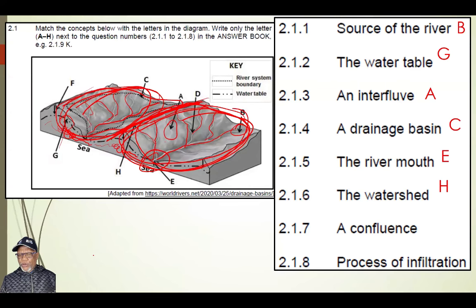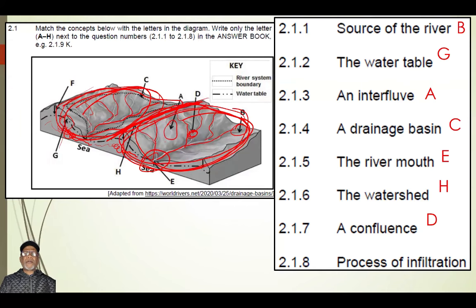Then we have a confluence. What is a confluence? Confluence is at number D. This is our D. So a confluence is where two streams join. It can be a mainstream and a tributary, or a tributary joining the mainstream, or it can be where two tributaries are joining each other.